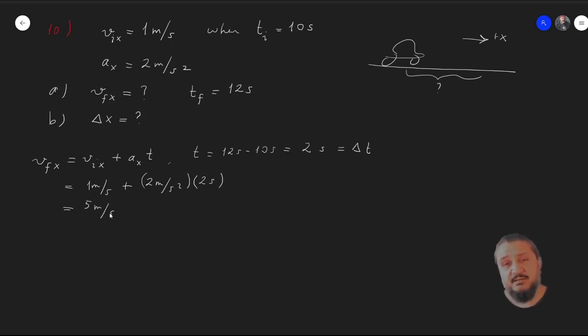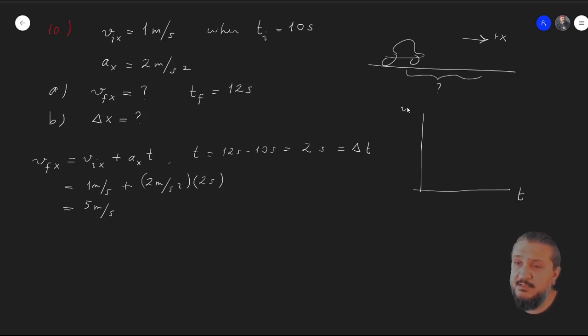Okay, so if you wish to draw a graph, it looks like this. t and Vx. Now I'm going to use those values, 10 seconds and 12 seconds. So what we have here between 10 and 12 is this.